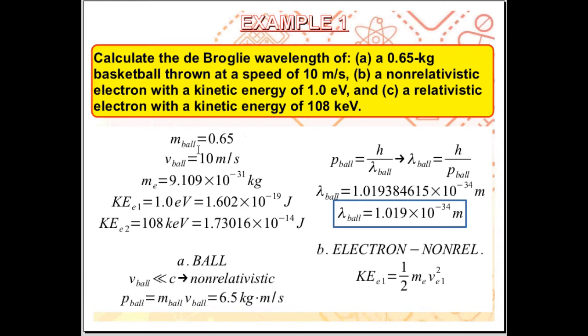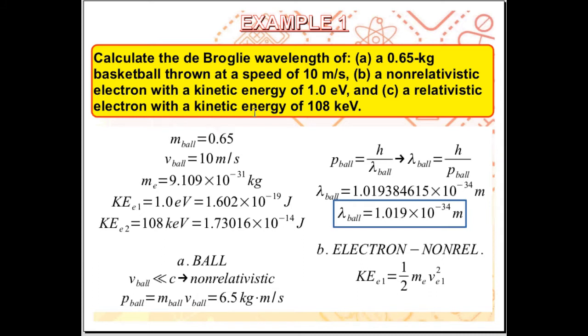Mass of the ball is 0.65 kilograms. Speed of the ball, V ball, is 10 meters per second. Whereas you have an electron, mass of the electron is given by 9.109 times 10 to the negative 31 kilogram.